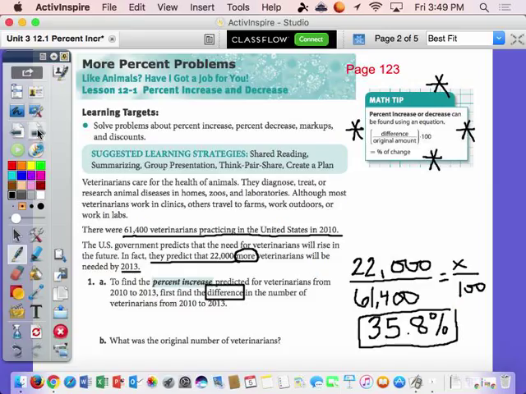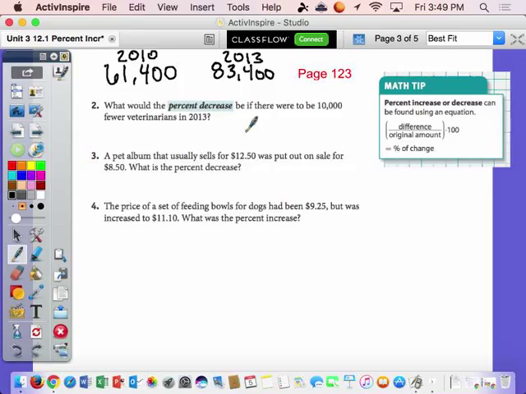All right? So it says, what would the percent decrease be if there were to be 10,000 fewer veterinarians in 2013. I put up here what the numbers from that page are, but you're still on page 123. This math tip should already be starred, circled, whatever it may be.